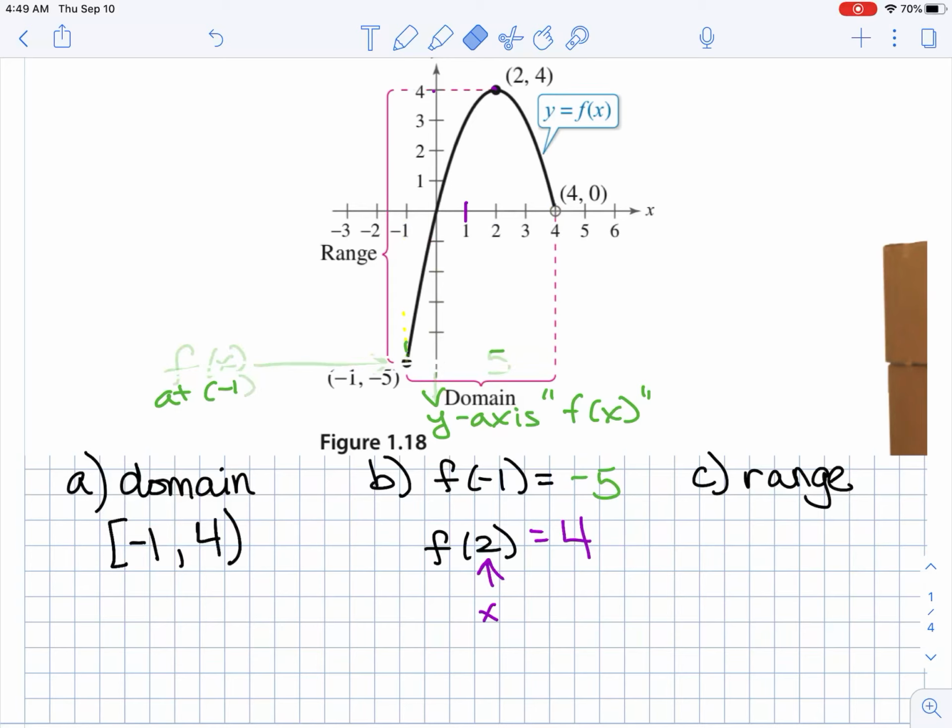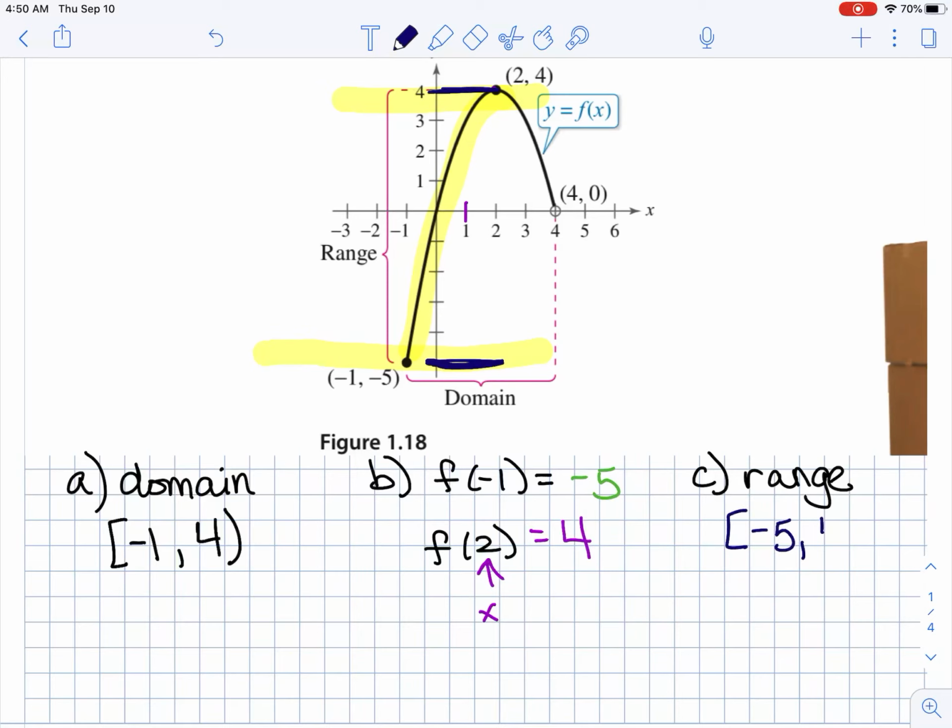For the range, we basically want to know what our top value for y is, and see how it goes down to our lowest value for y. So we see the top value for y is 4 and the bottom value for y is -5. We say the range starts, remember we always go from least value to greatest value, so it starts at -5 and ends at 4.